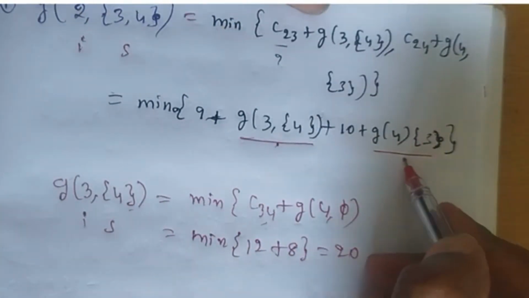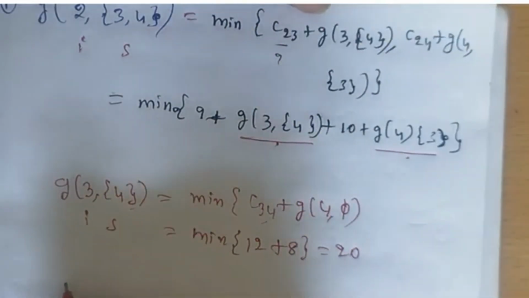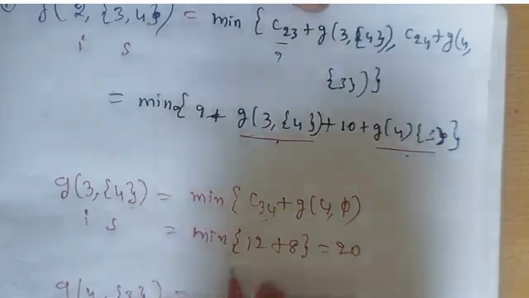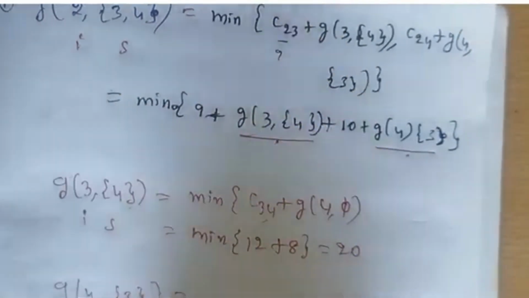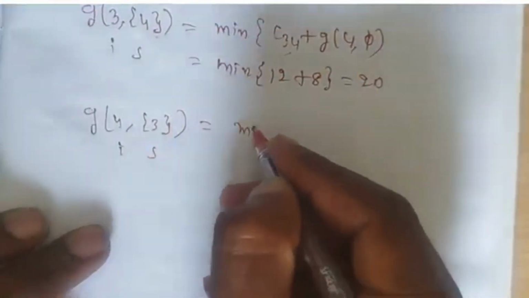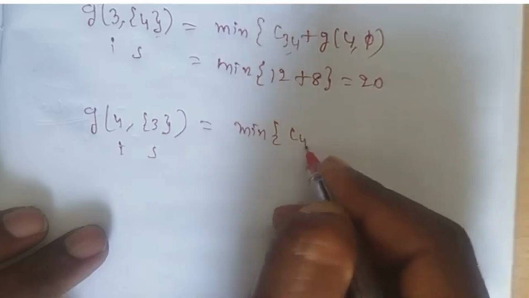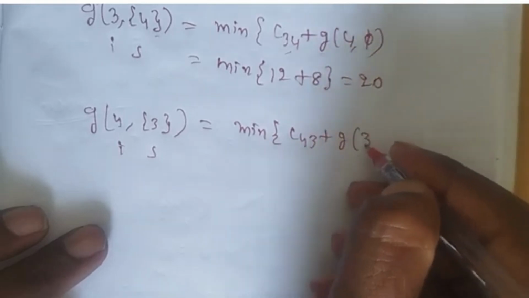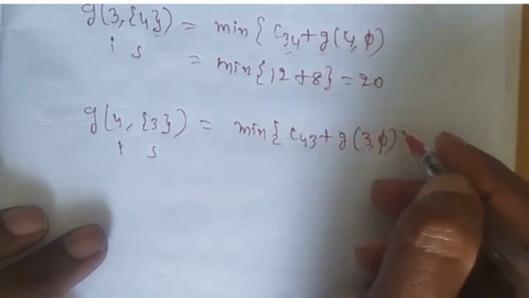Again, what about this part? This part I have to find out. This part means G of 4 of 3, which equals the same formula. It is the I, it is the S. We have to treat it as I comma S. So what is the value? Minimum of C of 4 3 plus G of 3 comma 5.